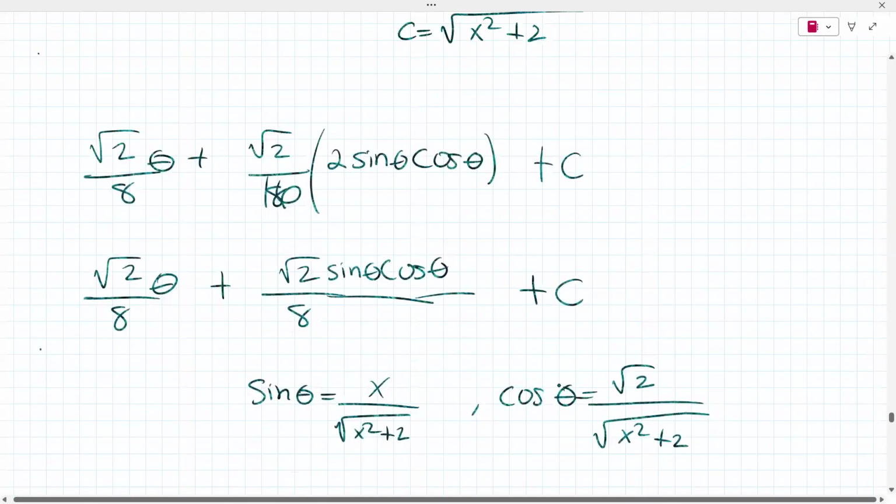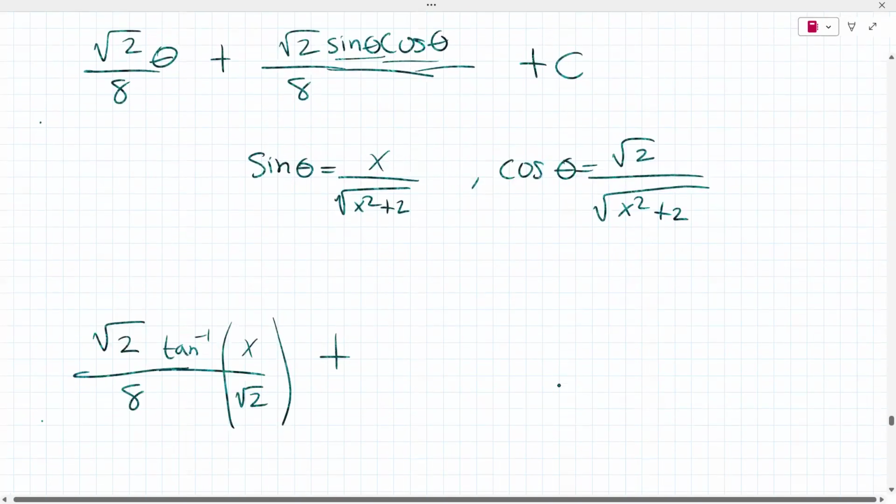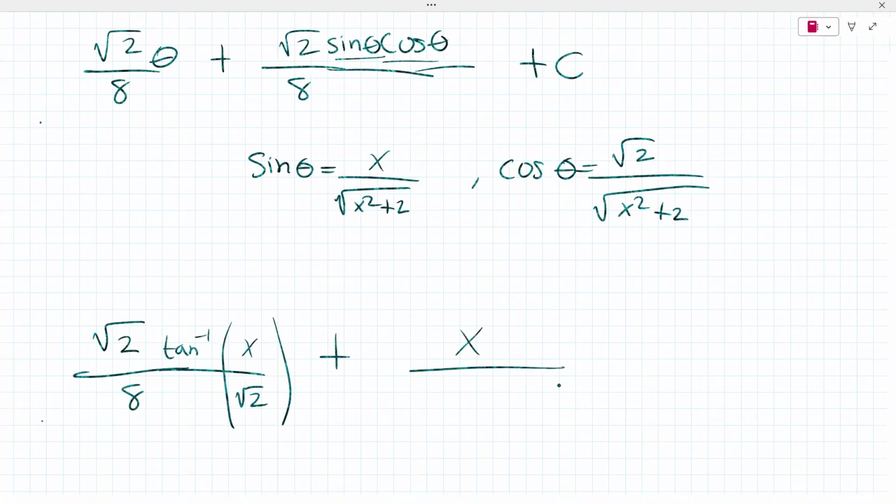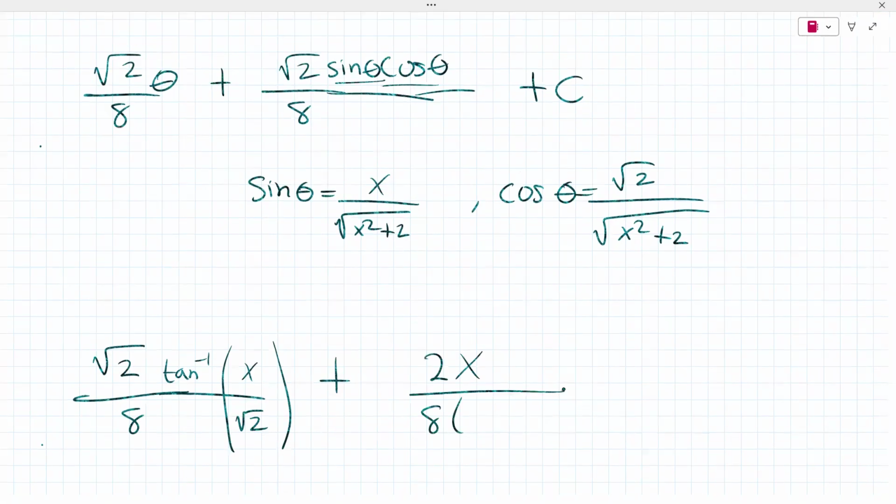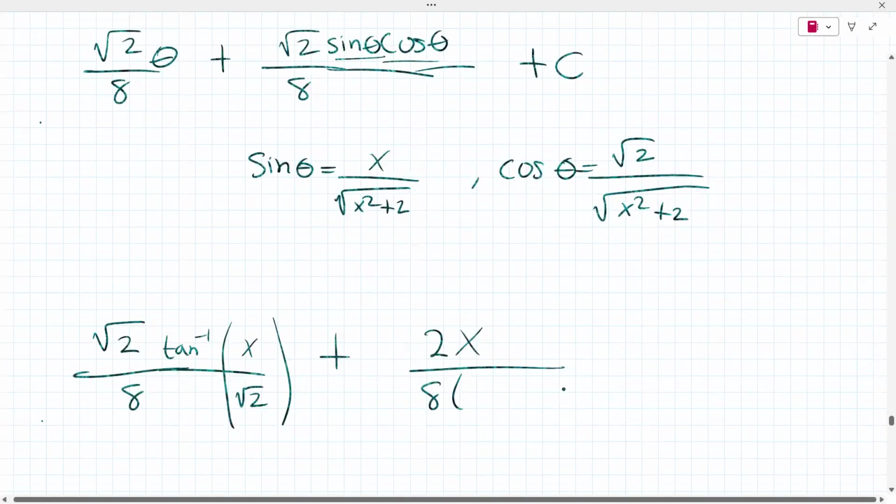When you replace sine theta and cosine theta, your final answer is radical 2 over 8 tan inverse of x over radical 2 plus x over, so this would be 2x and then 8, and then this is going to be x squared plus 2.